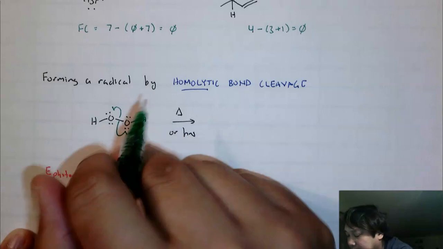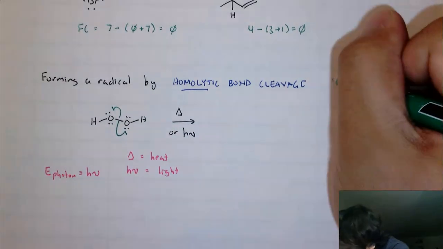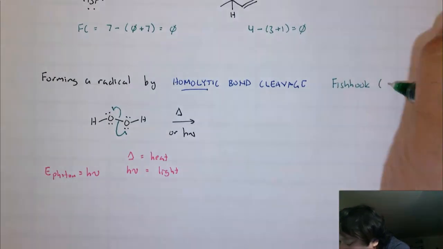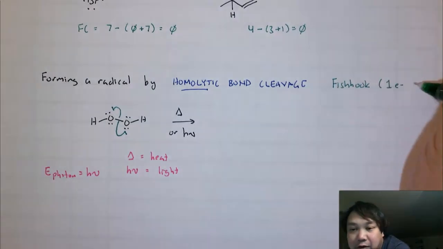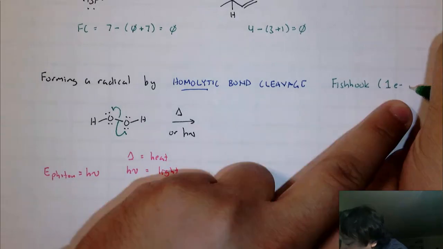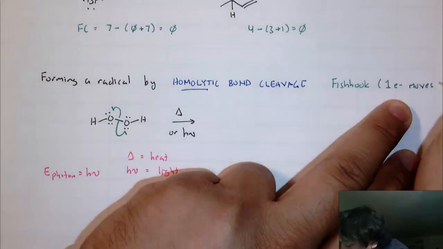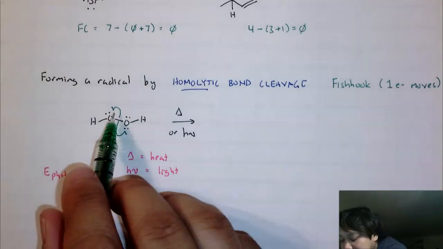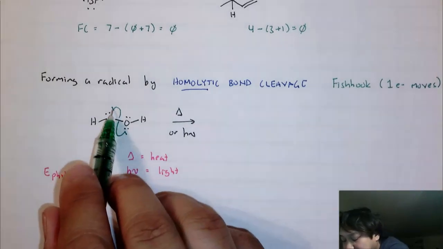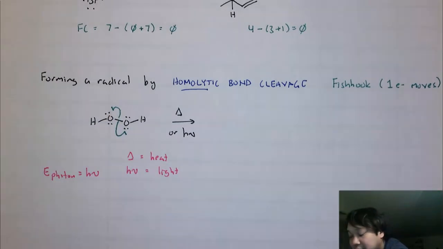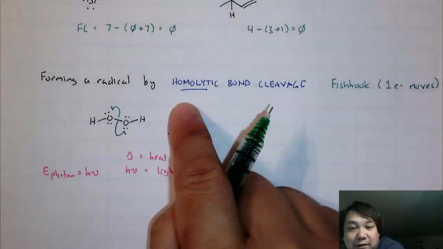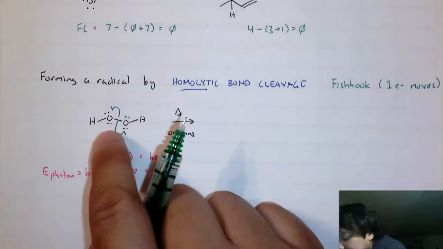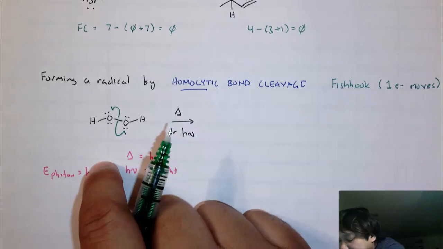We're using what's called a fishhook, because we're only moving 1 electron per arrow. You see how it's like a little barb? It's not a full arrow that has 2 lines. It only has 1 line, almost looking like a fishhook. And that's what a homolytic bond cleavage is. 1 electron in the bond goes to each of the 2 atoms.